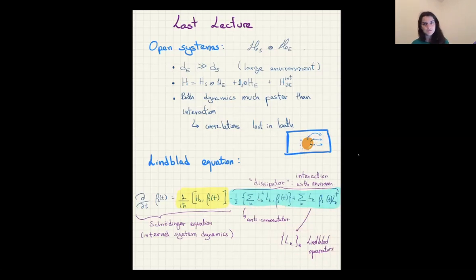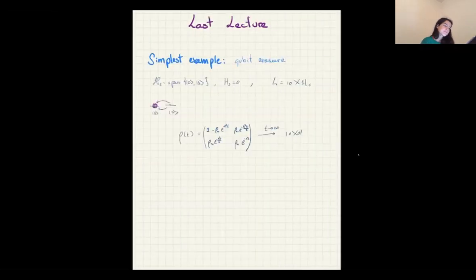We saw one very, very simple example, which was kind of the erasure of a qubit, where we just had one qubit with no Hamiltonian, like a degenerate Hamiltonian, and we took only one Lindblad operator. Okay, and we saw that what this Lindblad operator did was to promote this transition from 1 to 0.